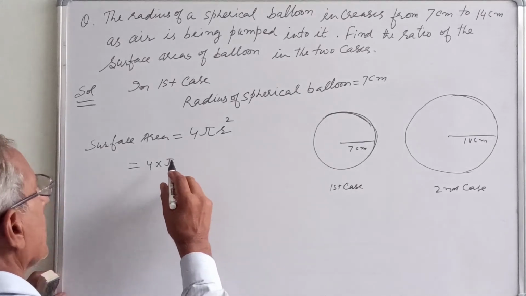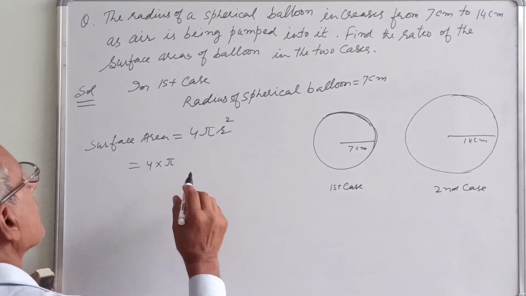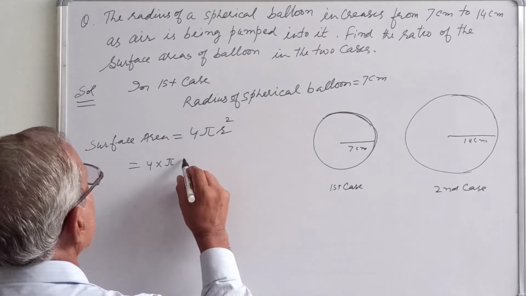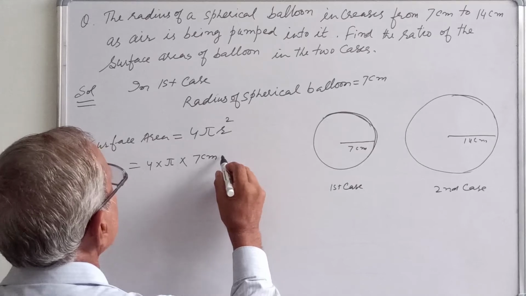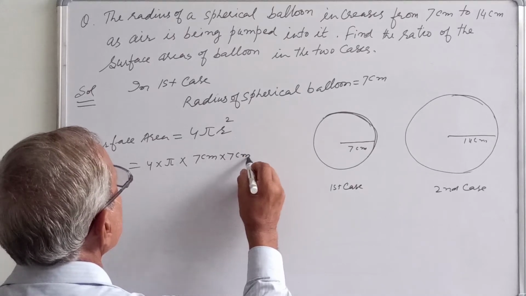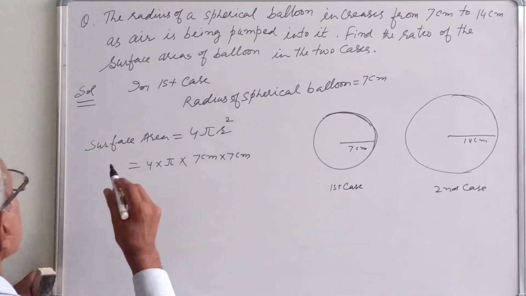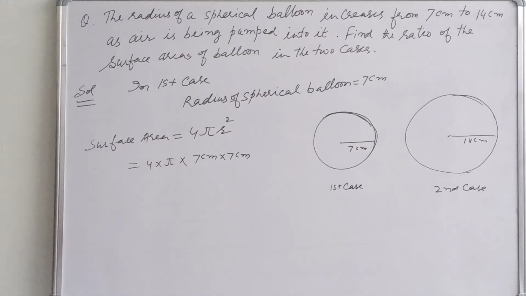So use pi in the form of pi, not put its value. Value of r is 7 centimeter into 7 centimeters. So this is the surface area in the first case.